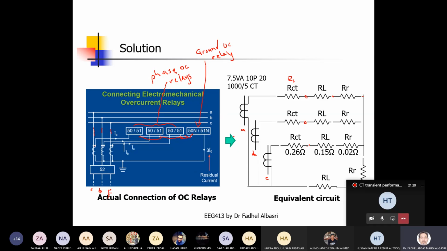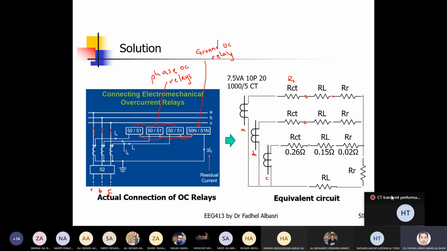It goes to a fourth relay, which is this for the earth. This is for the ground relay. And then I have a lead resistance for the return back. This is the lead resistance from here to here. And all these 3 CTs are grounded as a star. So this is the star point of the 3 CTs, secondary side.